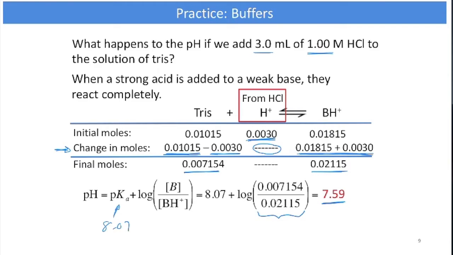If you added this amount of acid to that, the pH would drop significantly, approximately 1 or 2. We could calculate what it would be, but the pH would be really low. It would drop by several pH units, whereas this one, we only dropped by about 0.2 or 0.3 units.